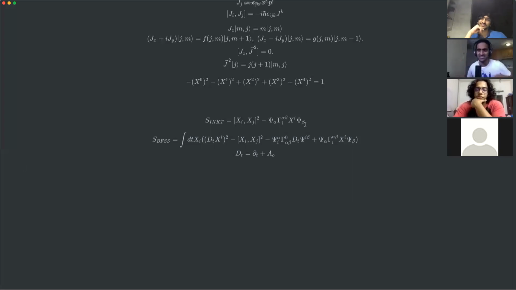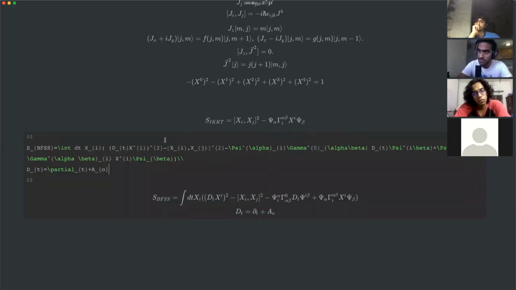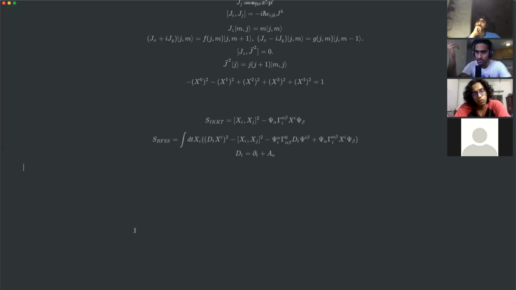So the low energy effective theory of these branes is gauge theories. And so in 0 dimensions, you have the IKKT model. In 1 dimension, you have the BFSS model. In 2 dimensions, you have 2-dimensional super Yang-Mills. And you can keep going that way. Each of these has 16 supercharges.